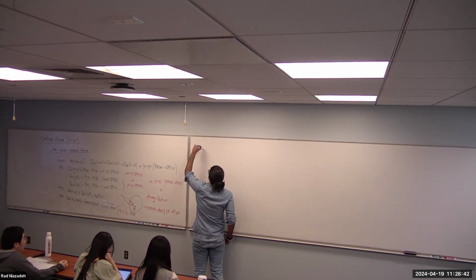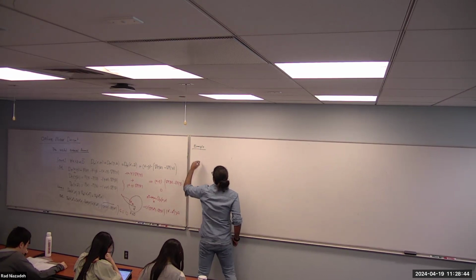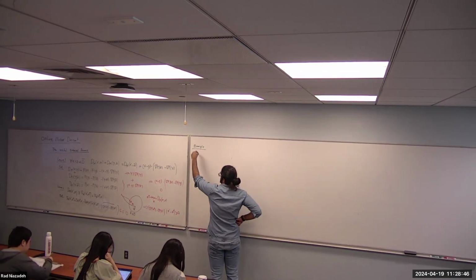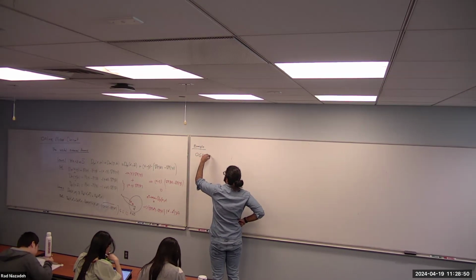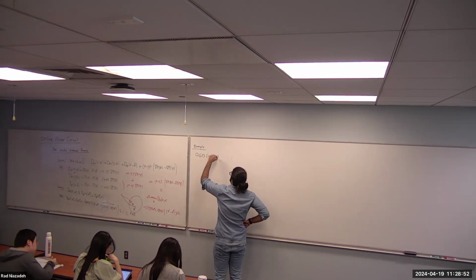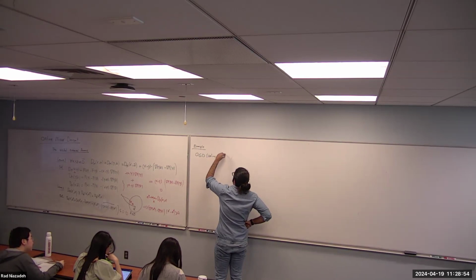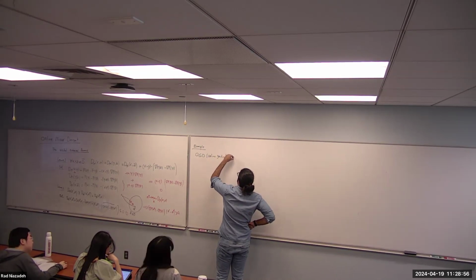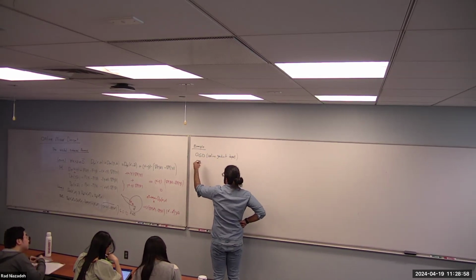Examples of some algorithms. Algorithm number one is what I call OGD, online gradient descent. So this is what the algorithm does.